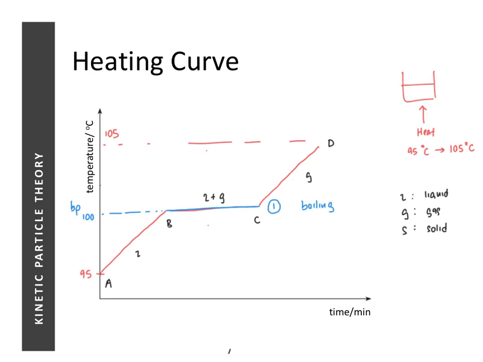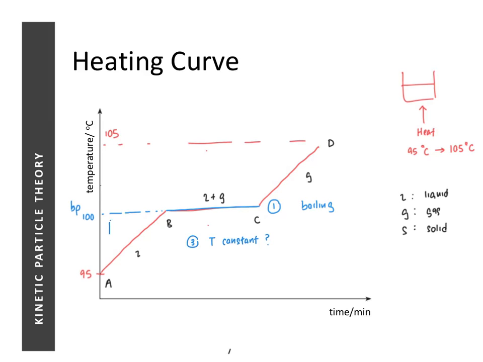Now the last important thing that we need to take note for a heating curve is why the temperature remains constant during change in state, in this case during boiling. So the reason is almost exactly the same. We are supplying heat, but temperature remains constant, means the energy is being used to do something else. What is it being used for?